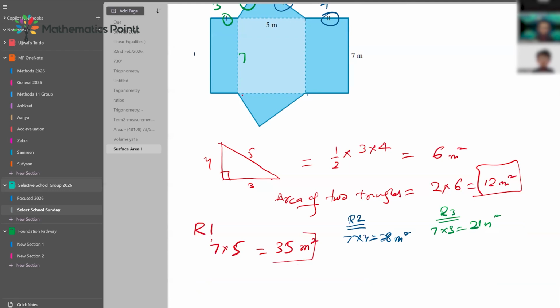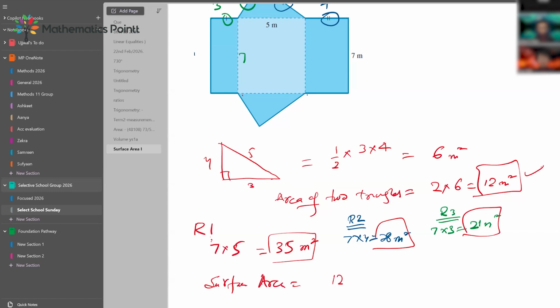I have the area of two triangles, which is 12. So the surface area is 12, which is the areas of triangle, plus rectangle 1, plus rectangle 2, plus rectangle 3.